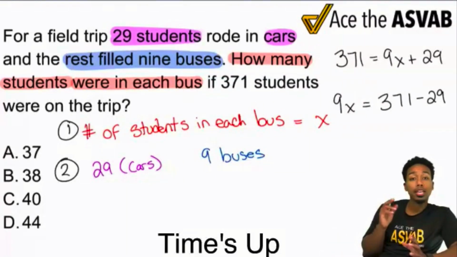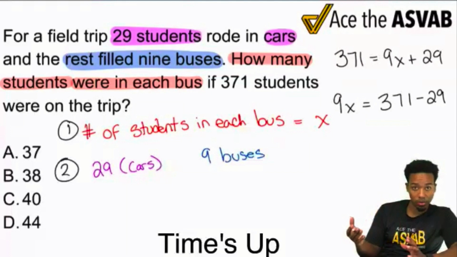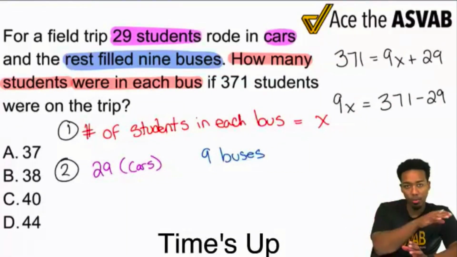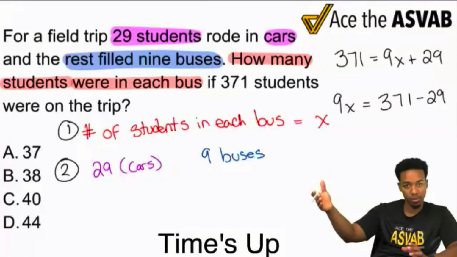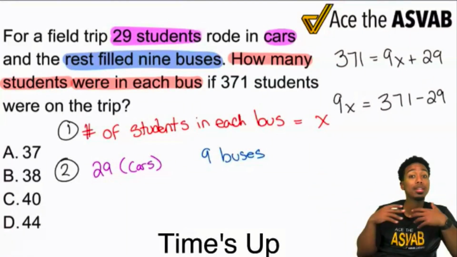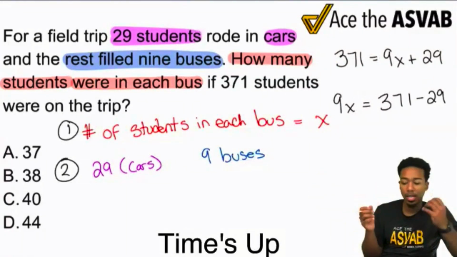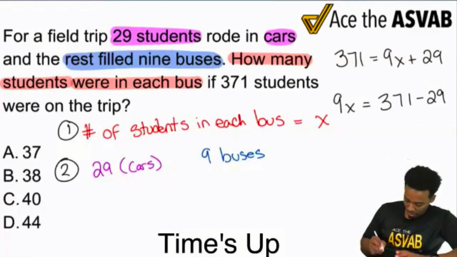Remember, if you want to get the result, whenever you see the word each, you multiply that number with the other one to get the result. The result being the total, how many you have total in all these buses. So here we have it like this. Students in cars.